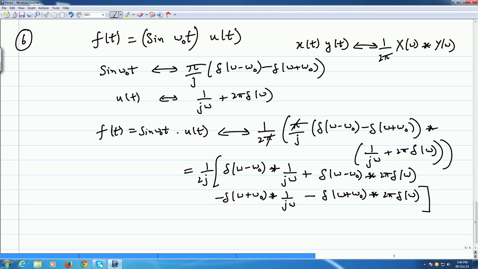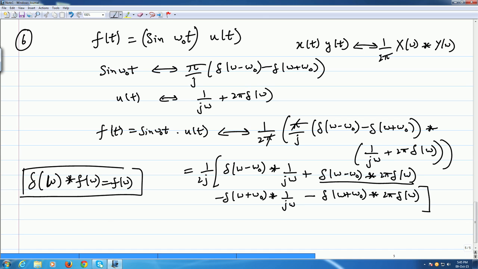And now let's look at this convolution. Okay, so any function convolved with delta is simply the same function. What is the property of the delta function? Delta of omega convolved with any f of omega is the same as f of omega. Okay, so we know this property.